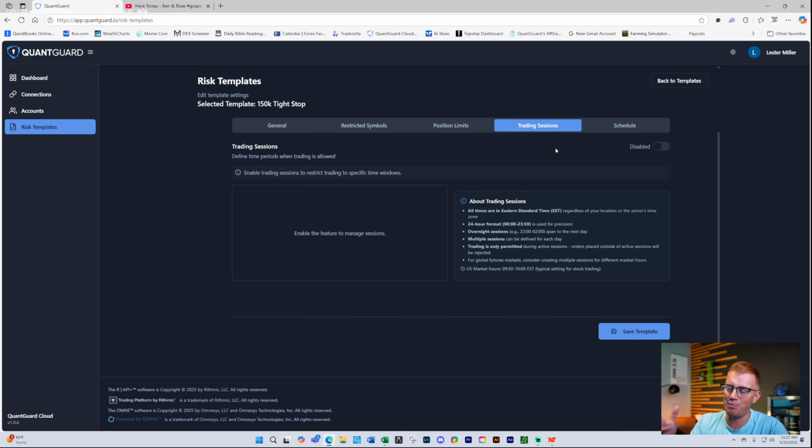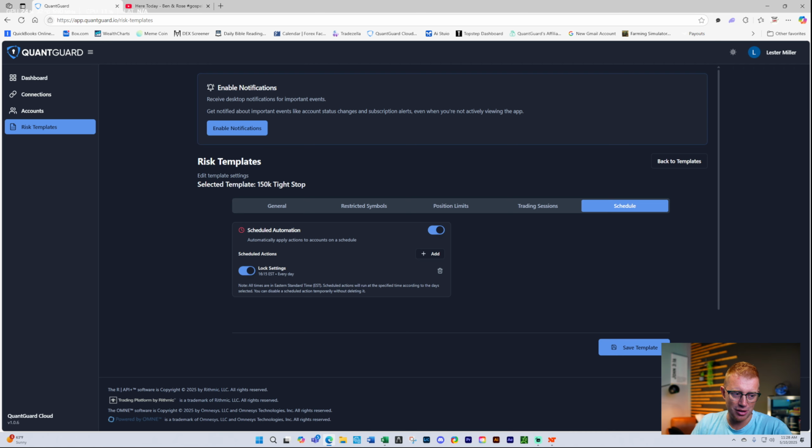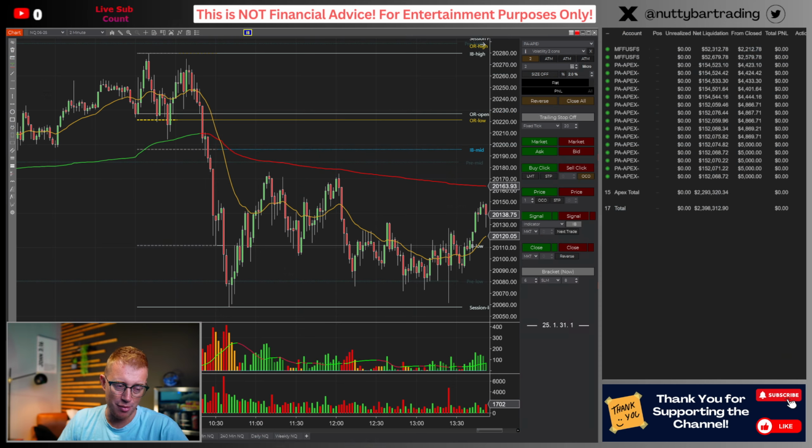I don't know, we might change that. I might actually make it so we cannot trade in those times. And then the schedule, this just automatically locks my settings at the beginning of every day. So those are my updated risk parameters.